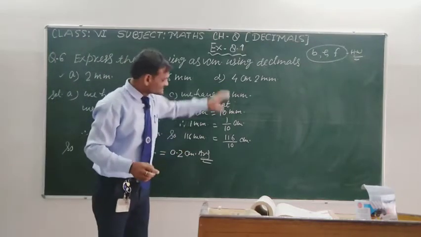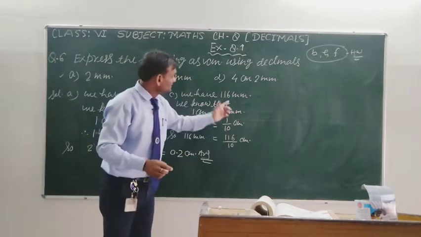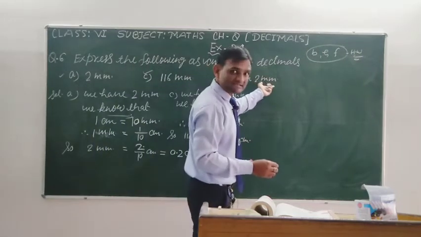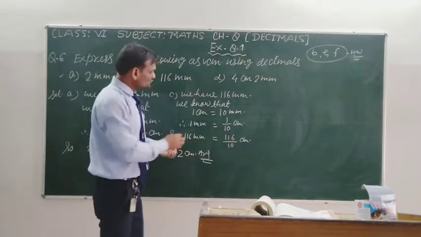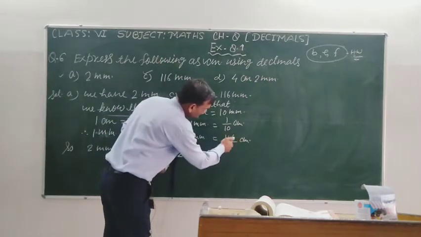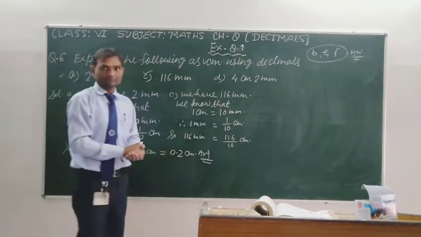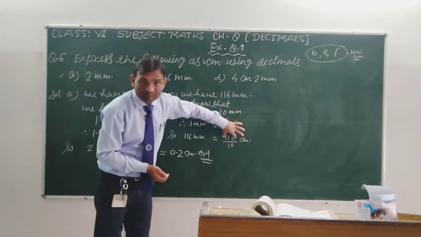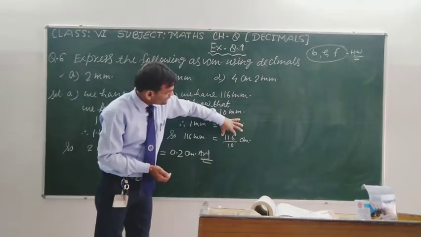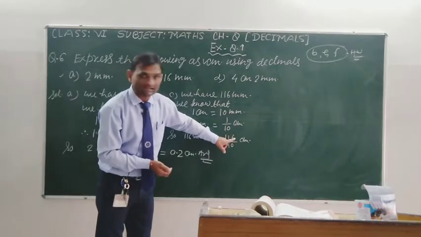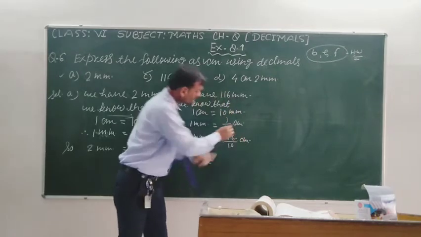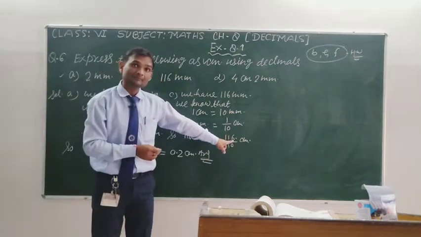116 has changed into centimeter, but we need to write the value in decimals. So, student, we divide 116 by 10. You know that 116 is a whole number, and if you need to put the decimal point in 116, you mention it at the last of 116.